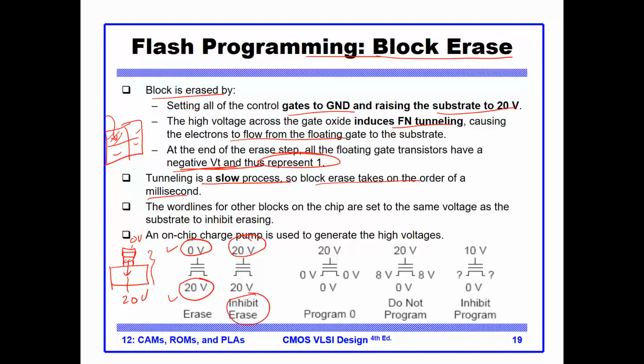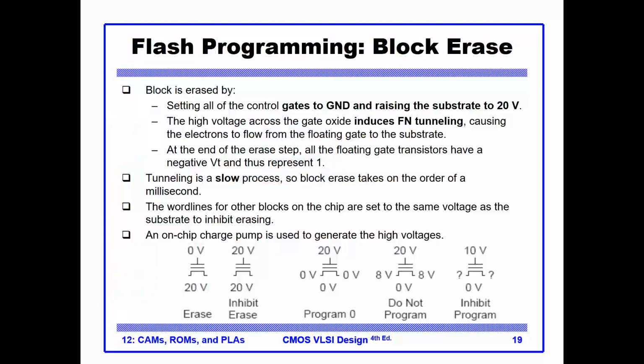Because now you have 20 volts on the substrate and 20 volts on the gate, that will not cause the electrons to tunnel from the floating gate to the substrate. That's how you inhibit erase for floating transistors in other blocks which are not being erased. So this is the block erase operation.